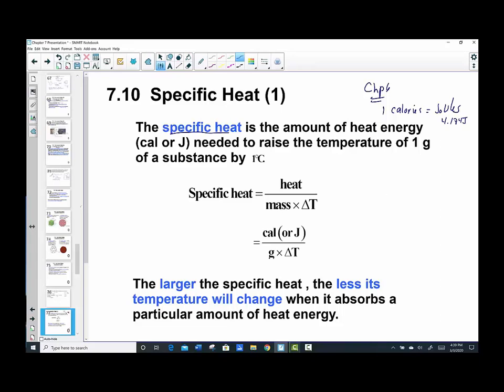So if you compare, say example, 4.184 joules per gram degree Celsius is that specific heat for water. And let's say I have a metal coming in at 0.2 joules per gram degree Celsius. Adding the same amount of heat, the water hardly warms up at all, and the metal will get really hot really fast.